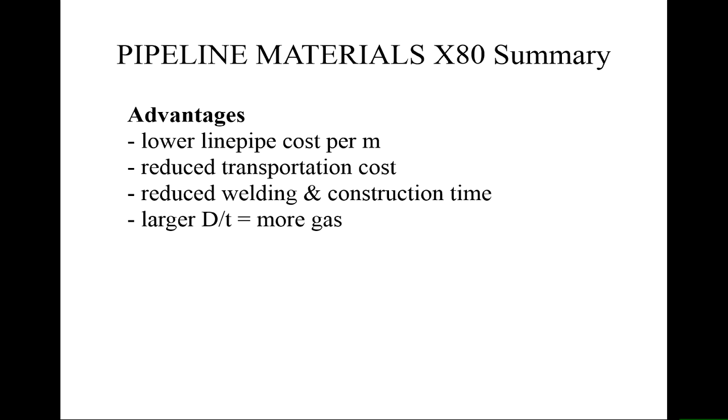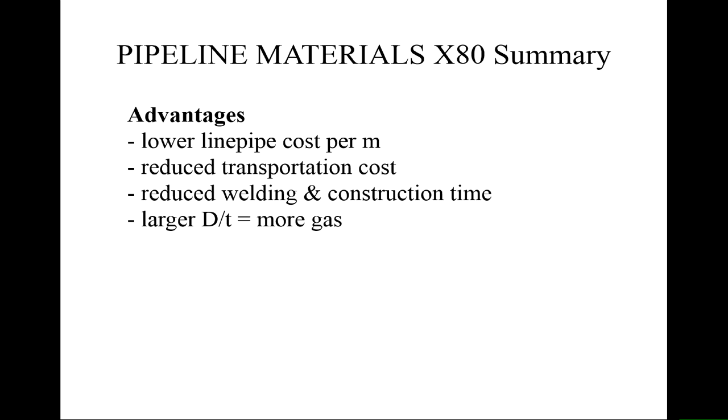You also save on transportation costs, because a thinner pipe weighs less. You can get away with smaller lorries to deliver things. You need fewer, less powerful cranes to actually lift things on and off. It becomes a lot easier. If the wall thickness is smaller, you can get away with fewer passes in the weld, so you get reduced welding and construction time.